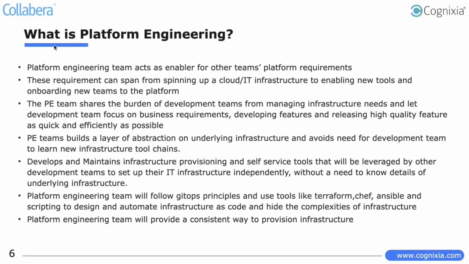It could be anything, and in fact, it can also be how a new team who wants to use that platform needs to be onboarded. It depends on the size of the teams, how many teams there are, and what their core competence is. But any platform requirement, how we cater to it, is taken care of by the platform engineering team.